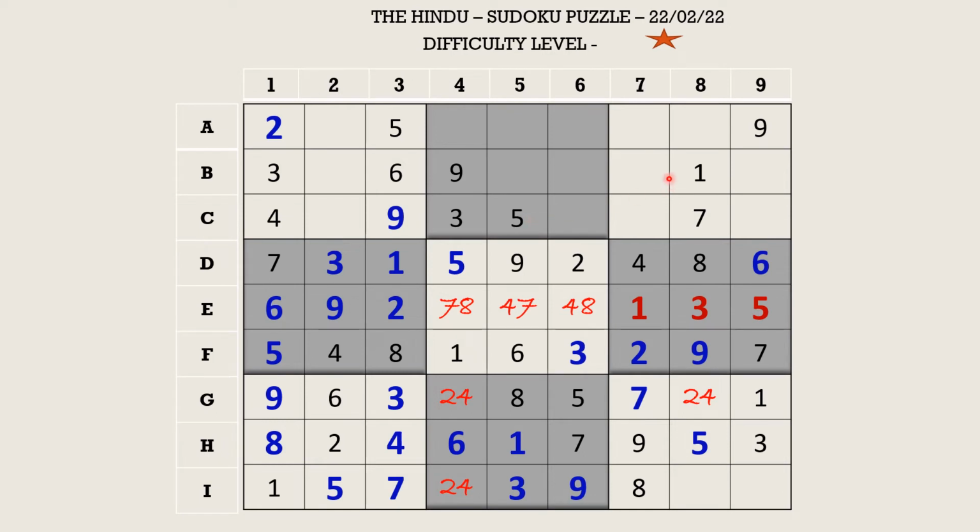Let's try to fill column 7. There are 3 empty cells and the missing numbers are 3, 5 and 6. There is 3 and 5 in C row here, so C7 takes 6. There is a 5 here in A row, so A7 takes 3 and B7 takes 5.